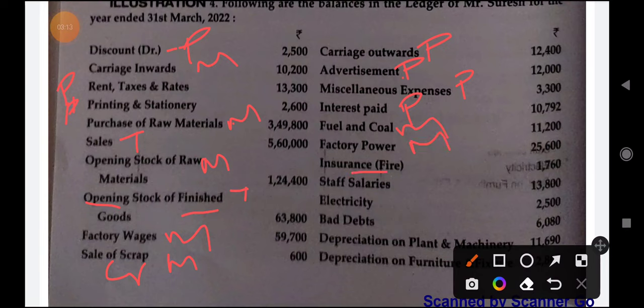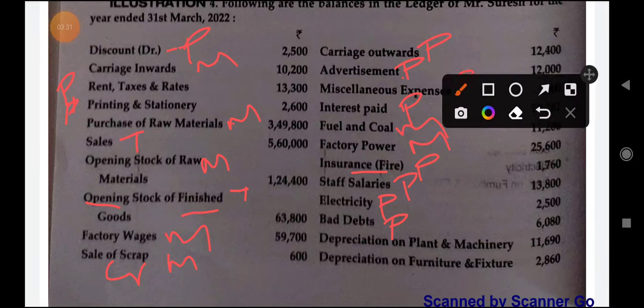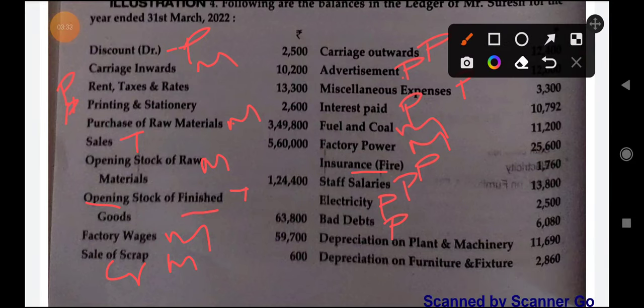Insurance relating to fire insurance will come under P&L account. Staff salaries, P&L account. Electricity, P&L account. Bad debts, P&L account. Depreciation, this depreciation relating to plant and machinery, so will come under manufacturing account.